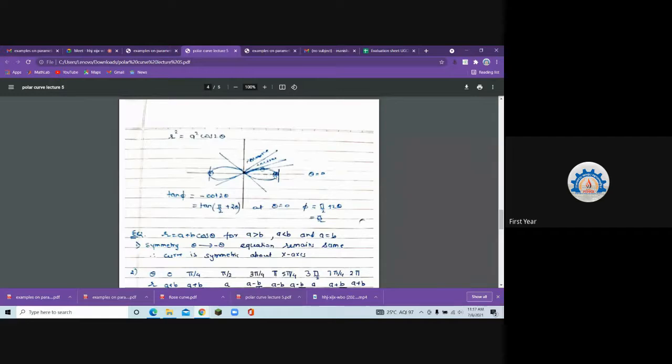Origin से लेके ये point पे जब मैं draw कर रही हूँ, this is the length. Suppose it is 2a. So that's your radius vector, and this is your tangent. ये जो line मैंने perpendicular draw की है ना, that's your tangent. So if I know that the tangent is making angle 90, then it will be perpendicular to this x-axis. That means parallel to y-axis. तो ये angle मुझे मिल गया, then I'll say that it is this type of curve.